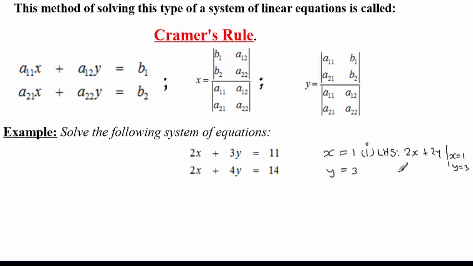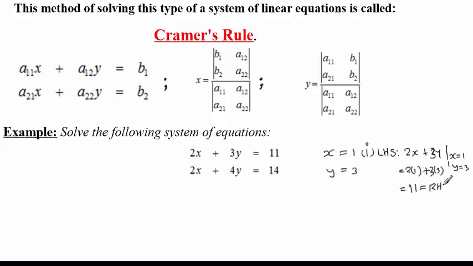So we substitute: 2 by 1 plus 3 by 3. Sorry, I copied this wrongly, this is not a 2, this is a 3. So 3 by 3 will give us 9 plus 2, that will give us 11. And that is exactly our right hand side.